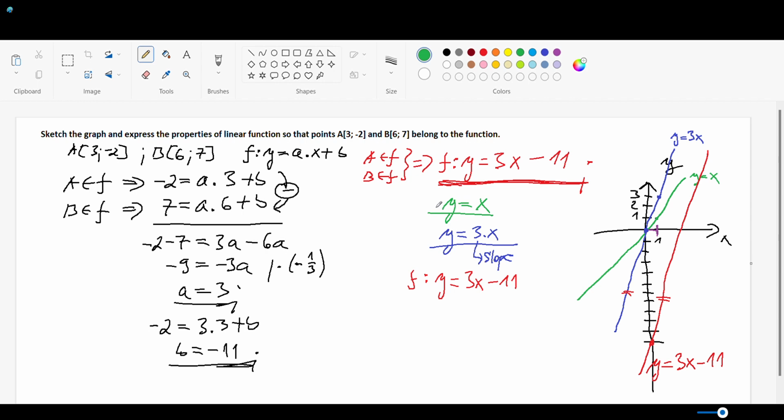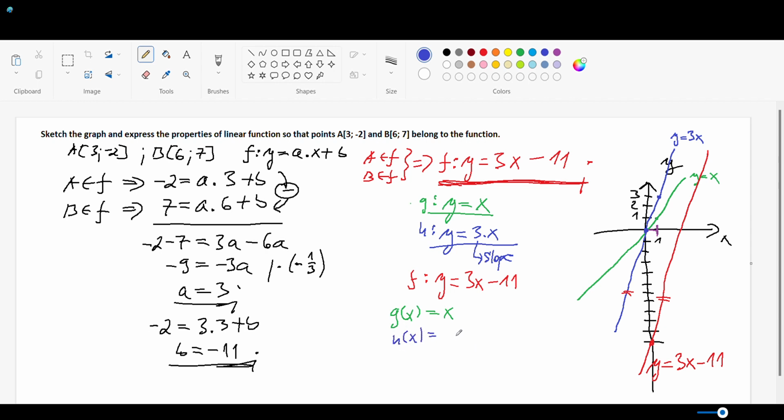Let me just say one thing. Let's consider the green function being g(x) equals x. Then we used the transformation of g(x), and also we did the transformation h.